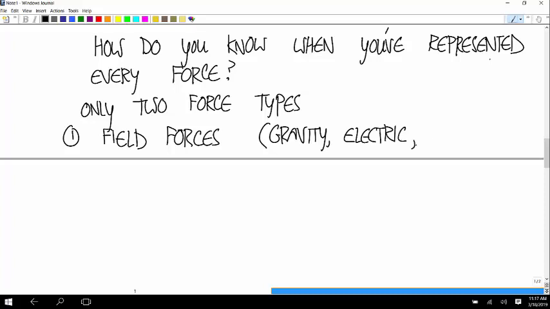If you have a ferromagnetic material in a magnetic field, that can fit into this. This is the one that's going to come up in this class over and over again, just the weight force.